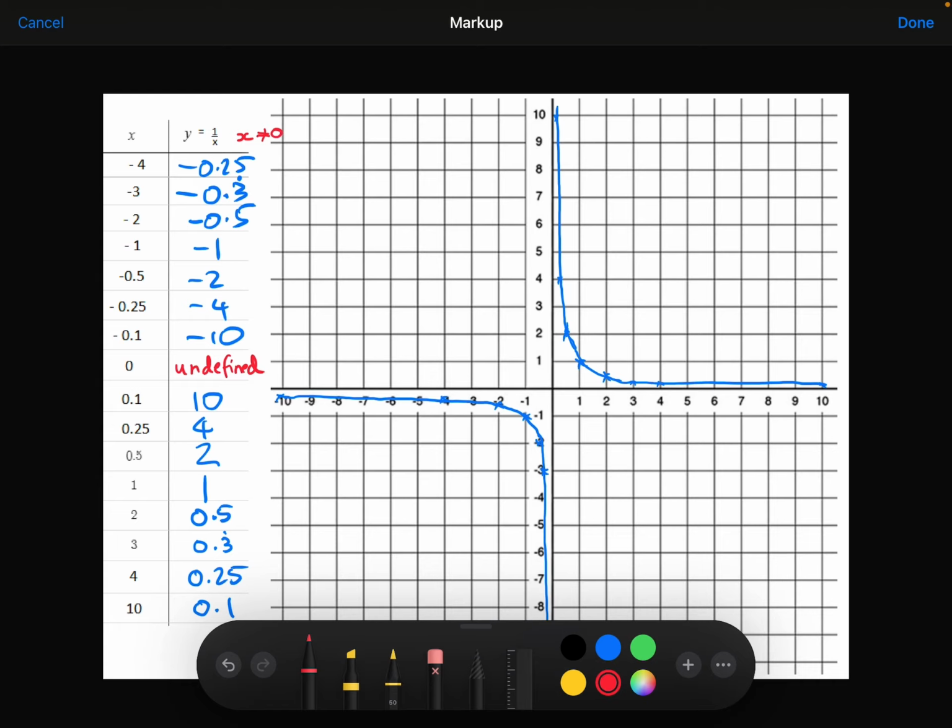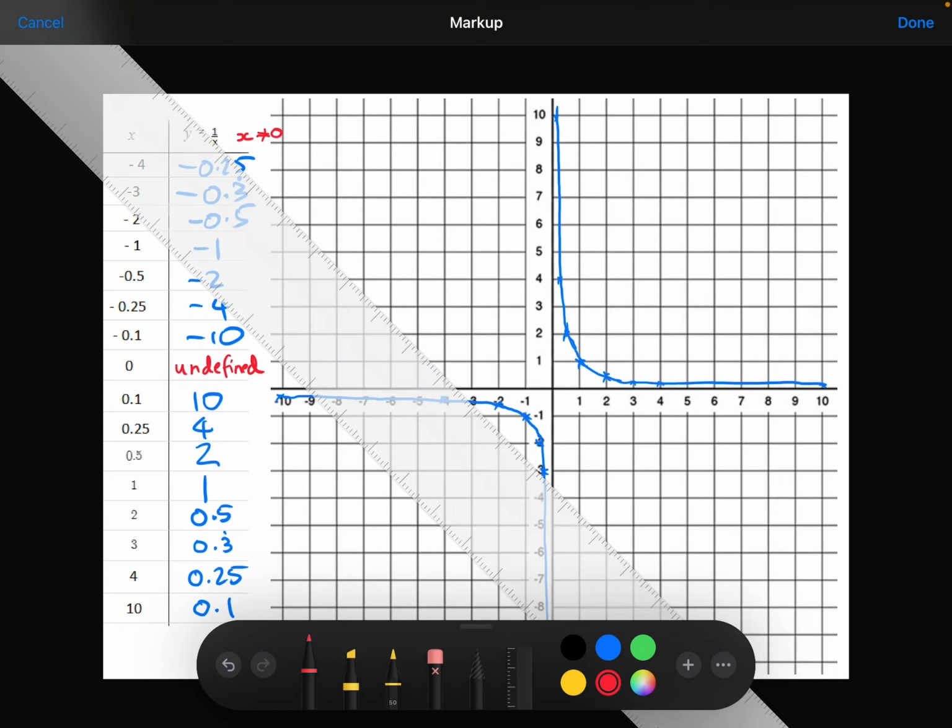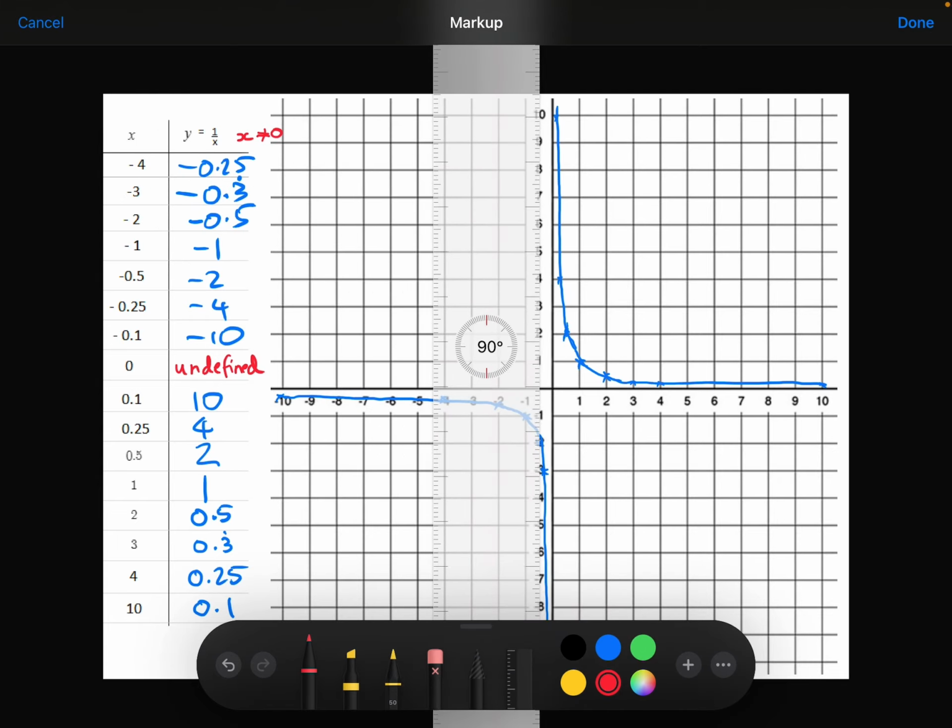Now, in terms of what that will be on the graph, there is going to be what we call an asymptote when x equals 0. An asymptote is a straight line that we mark dotted onto the graph. So this is the line where x equals 0, and this is the vertical asymptote for this graph.